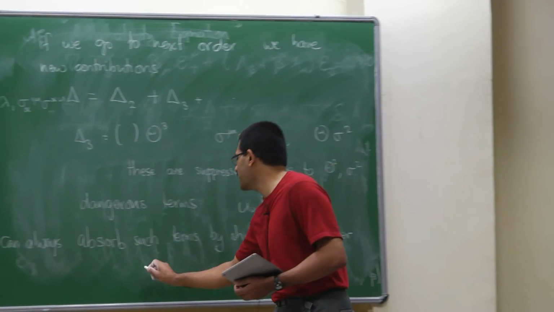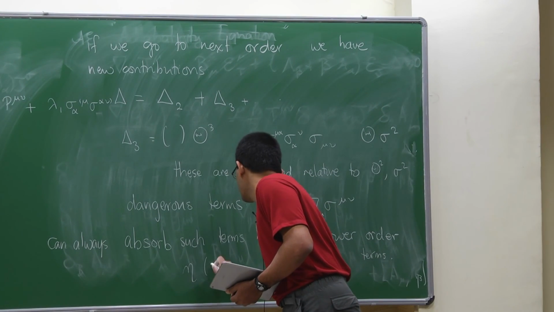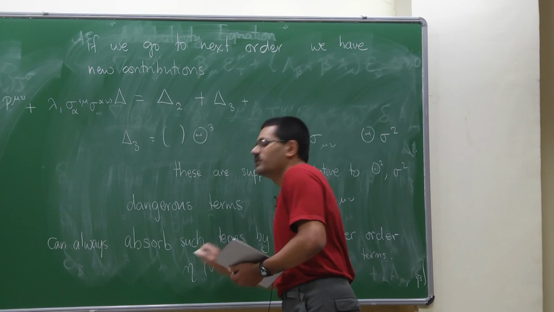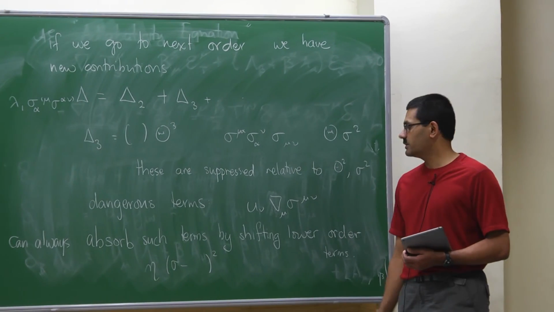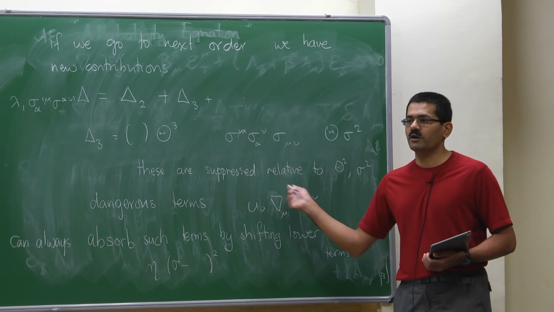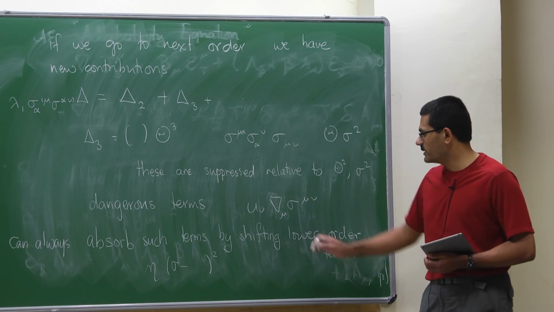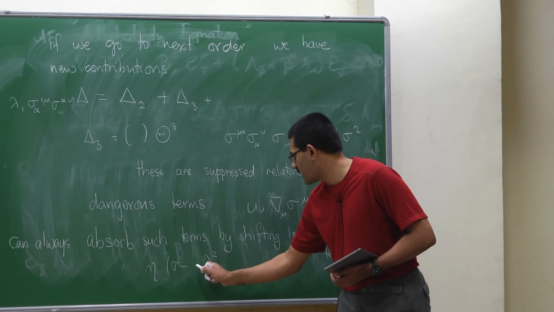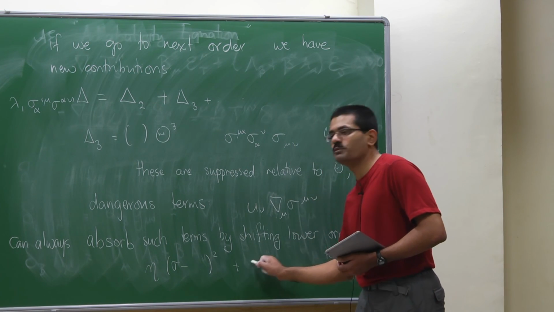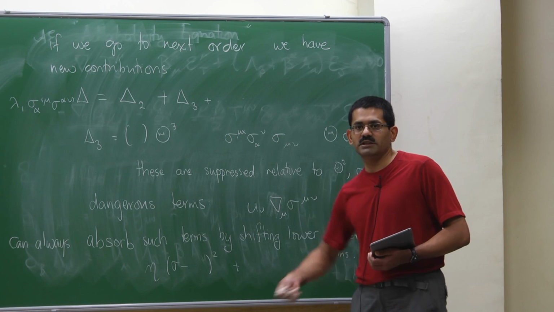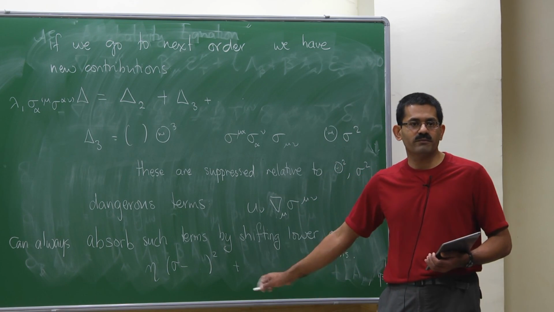So basically you can write this as eta times sigma minus something, whole squared, to absorb this gradient term. The something has one extra derivative, so you push things to higher orders, but the statement is that you can recursively do this.